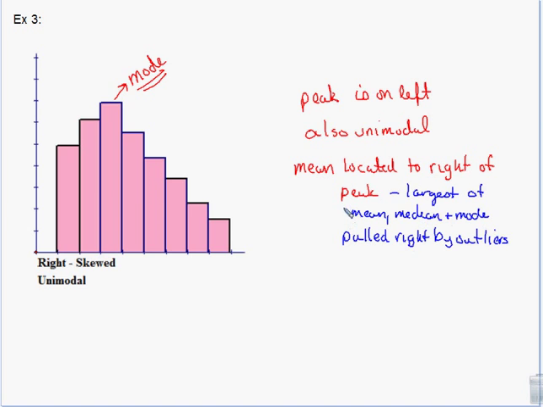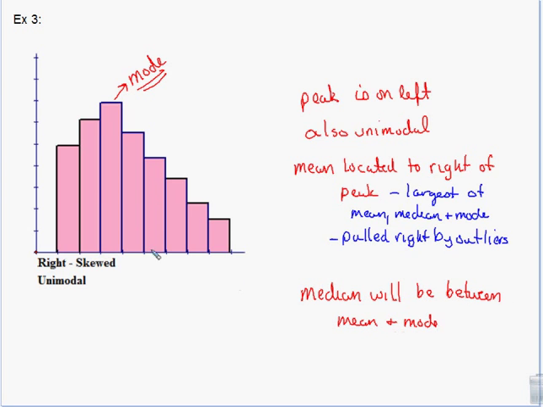So that's why it's called right skewed. And then the mode is the tallest peak, and the median will be between the mean and the mode.